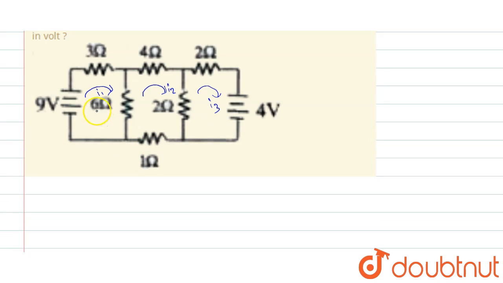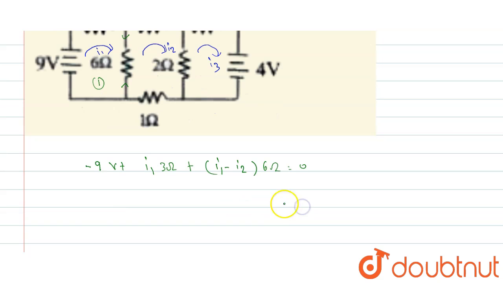Now students, if we apply KVL for loop 1, the current is starting from this negative terminal, so this would be 9 volt plus I1 into 3 ohm plus, here current flowing is I1 in this direction, also current flowing in this direction is I2, so this would be (I1 minus I2) multiplied by 6 ohm is equal to 0.